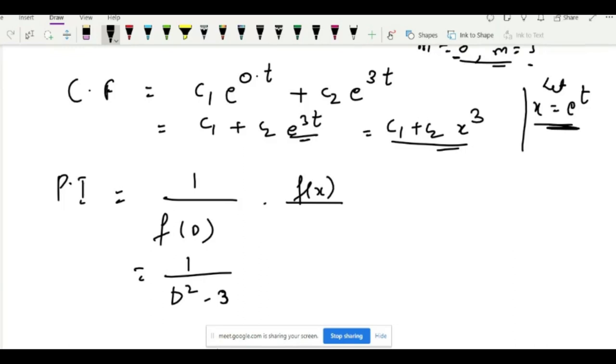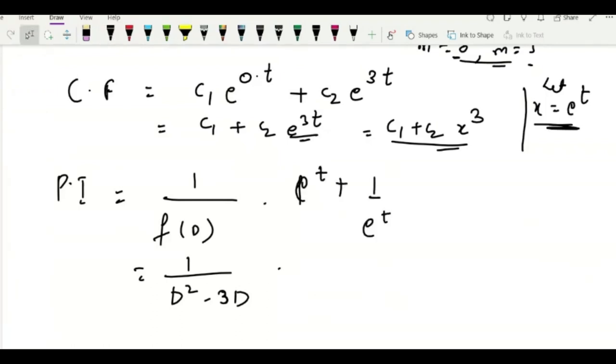So we have 1 upon f(D), that is 1 upon D square minus 3D, into f(x), the non-homogeneous part, which is e raised to power 2t plus 1 upon e raised to power t.